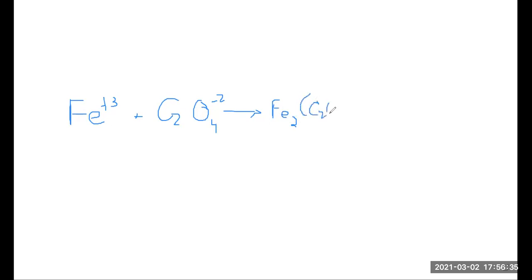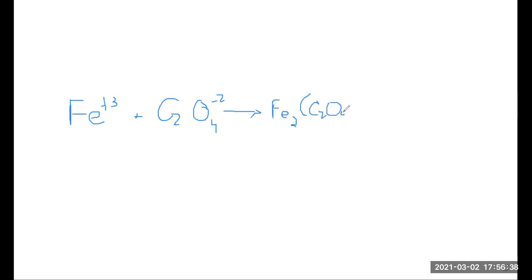All right, so if we have some Fe+3, we add to it some oxalate, C2O4 -2. All right, we are going to get some Fe2(C2O4)3, of which there's 3 of them.